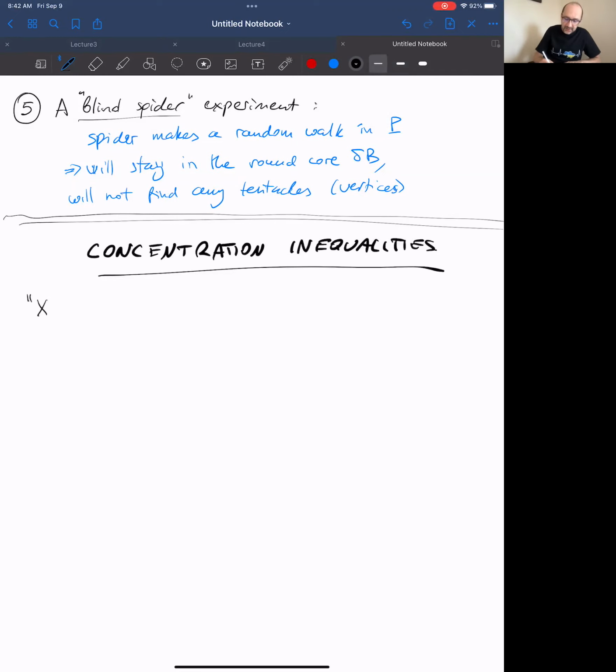Concentration inequalities basically say that many random variables, not all of them, stay very, very close to their expectation with high probability.